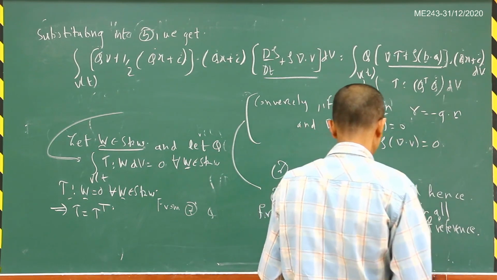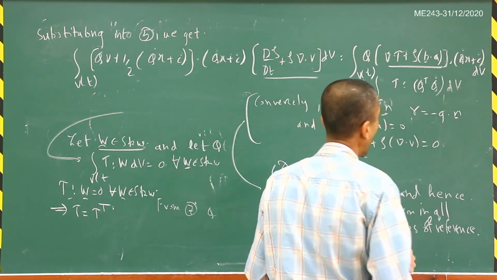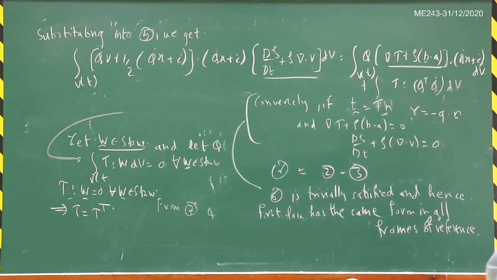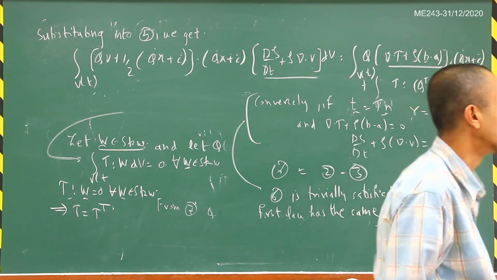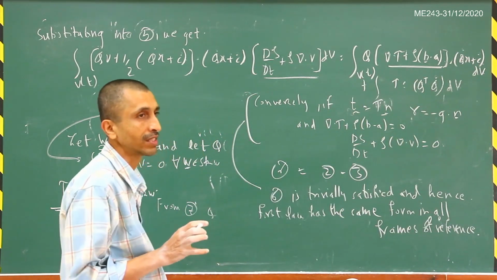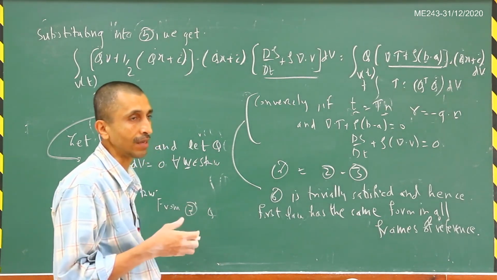So yes. As I said, this is a very, very nice conclusion. Let me just summarize this whole situation. If you impose the principle of framing difference, so basically we say that the form of the first law of thermodynamics is the same in all frames of reference.